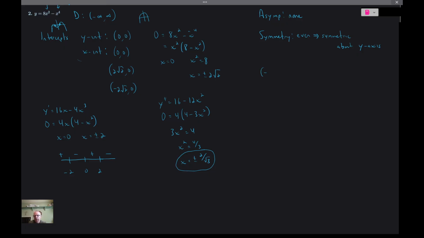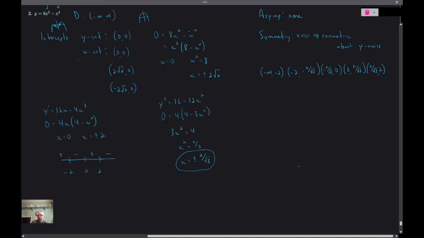So we have our interval -infinity to -2. We have our interval -2 to -2 over square root 3. Then we have -2 over square root 3 to 0, 0 to 2 over square root 3, 2 over square root 3 to 2.